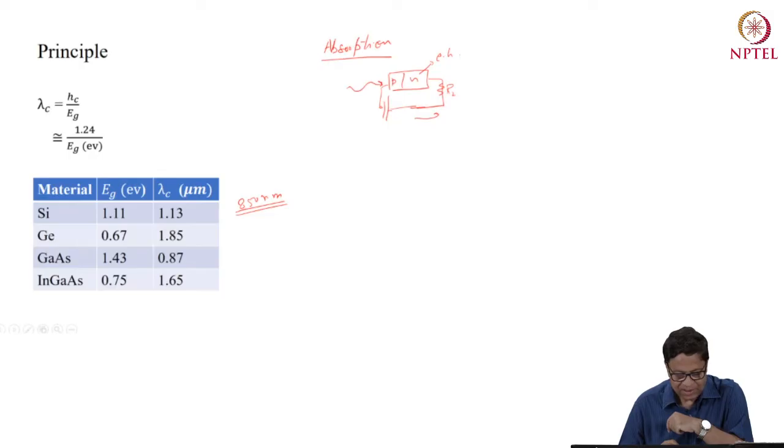For germanium, the band gap energy is 0.67, and the corresponding cutoff wavelength lambda C is 1.85. So this could be a good candidate for 1550 nanometer transmission. The third one is gallium arsenide. The band gap is 1.43, and the corresponding cutoff wavelength is 0.87. And for InGaAs, it is 0.75, and the corresponding cutoff wavelength is 1.65.